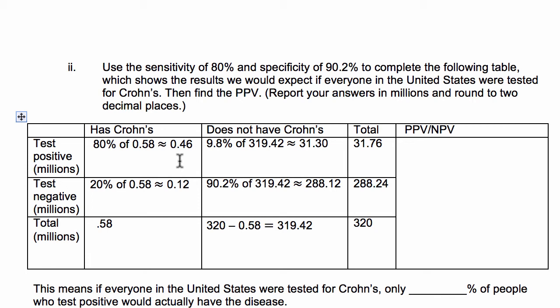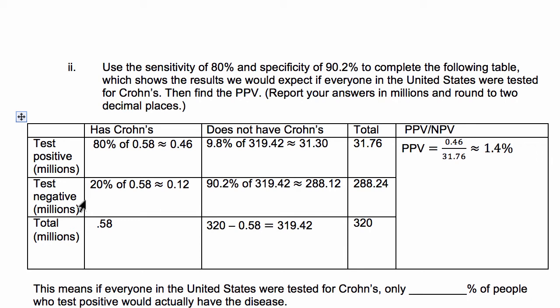Therefore, the PPV is approximately 0.46 over 31.76, or 1.4%. Now on to NPV. As you recall, the NPV of a test for a certain population is the probability that a person who tests negative does in fact not have the disease.